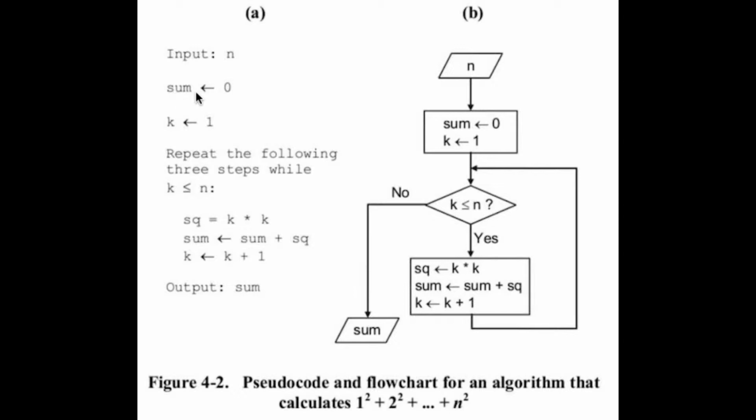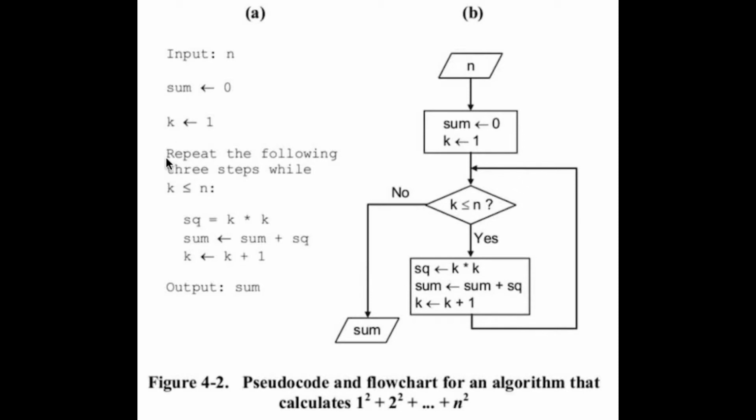We're going to have a variable called sum, which we start by setting equal to 0. So in Java, that would be int sum equals 0. A variable k that we set equal to 1. And so now at this point we have these three variables: n, whose input is supplied by the user through something like a Scanner class, sum and k.